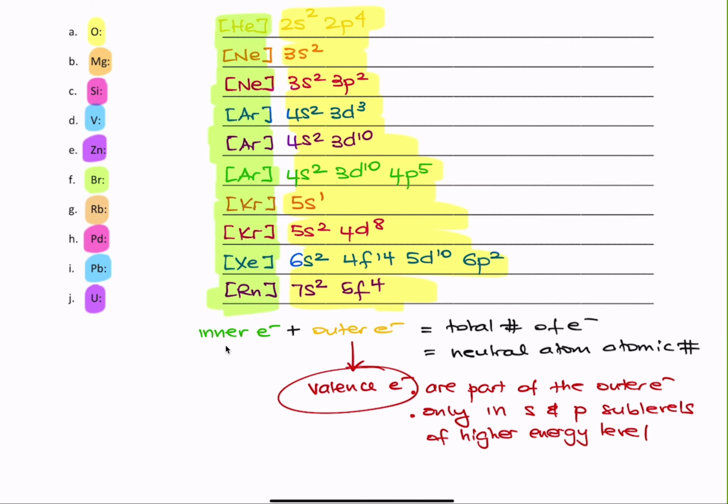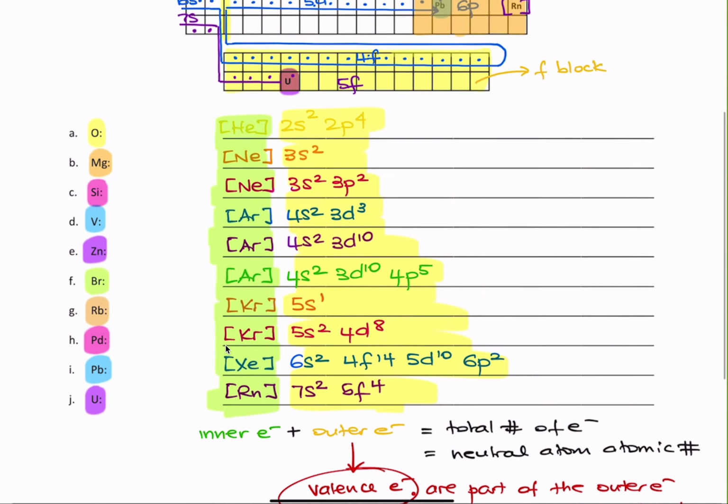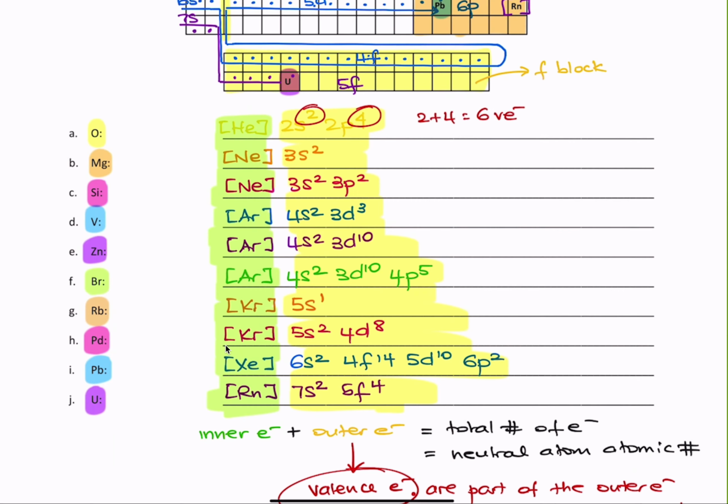I'm going to circle the valence electrons. Here, oxygen has 2 plus 4 equals 6 valence electrons. Oxygen belongs to group 6A. Magnesium, 2 valence electrons, group 2A. Silicon, 2 plus 2, 4 valence electrons, group 4A.